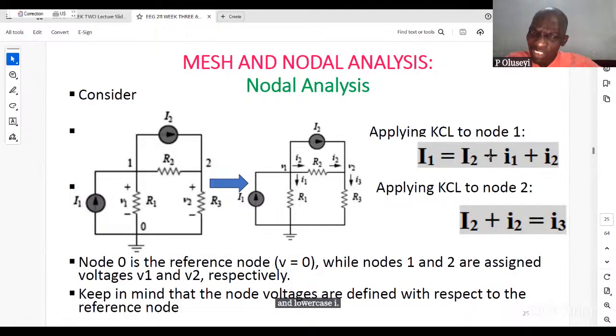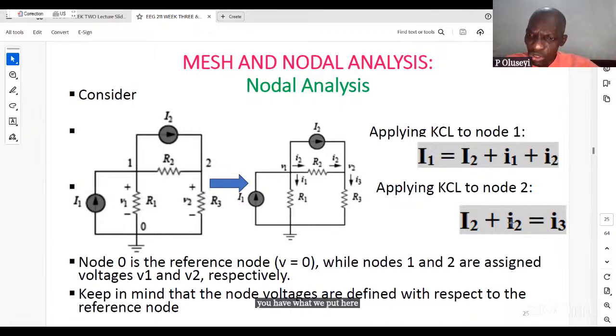The uppercase I's are for the current sources, while the lowercase i's are for the current flowing through the resistors. So please don't confuse them. Thank you. So for node 1, you have what we put here.